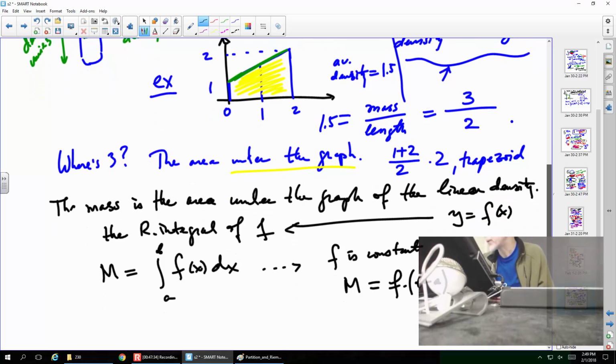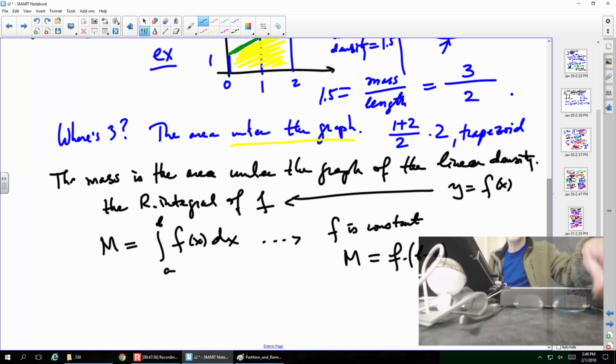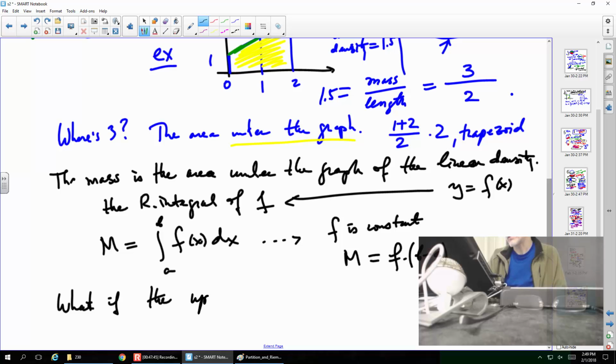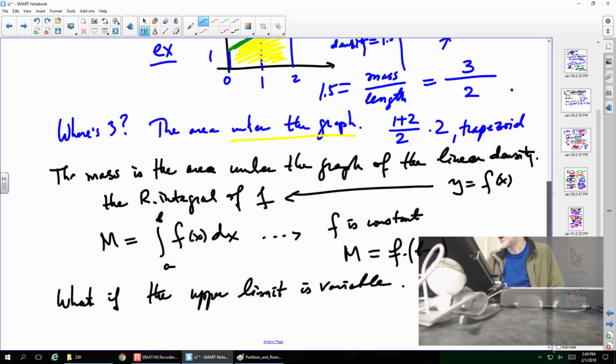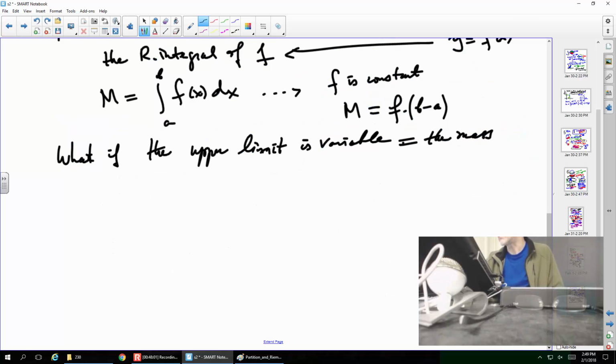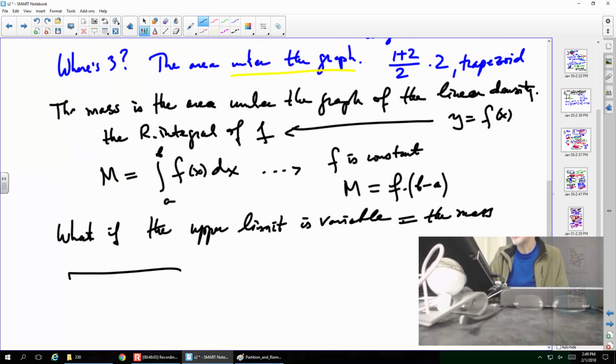To take it one step further, however, let's utilize calculus 1 a little bit more. What if the top or upper limit is variable? In other words, I'm looking at the mass not of the whole rod, but rather of this piece from a to x.